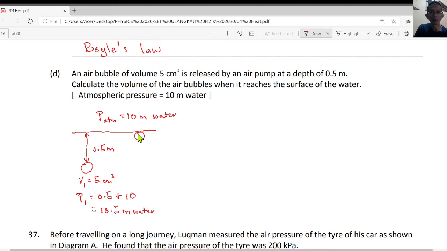At the surface here, the volume is what we want to find. What is the pressure at that point? Who is pressing the air bubble at the surface? There's no water above it, it's only the atmospheric pressure. So my pressure at point 2 will be 10 meter of water, equivalent to the atmospheric pressure.